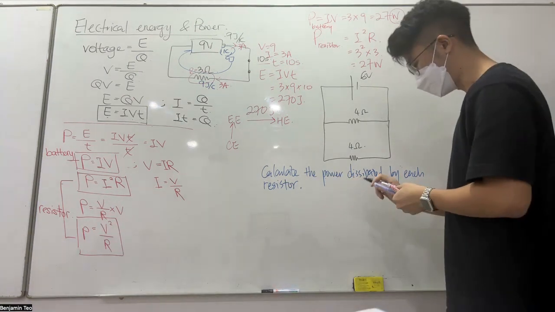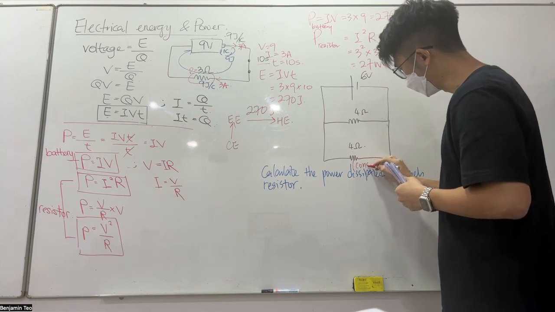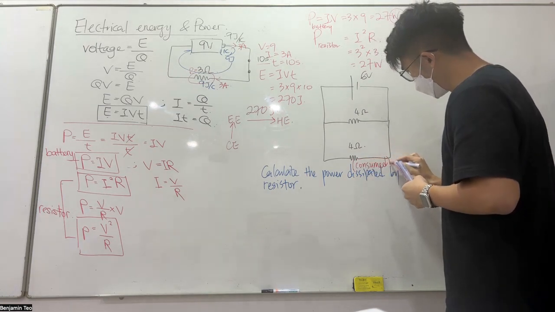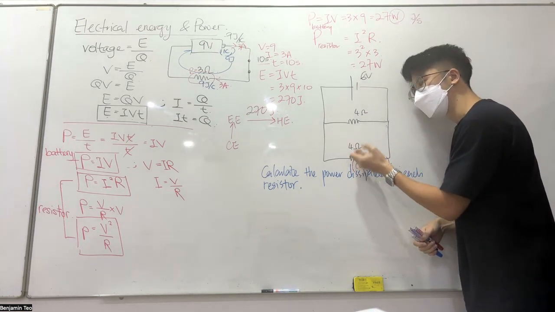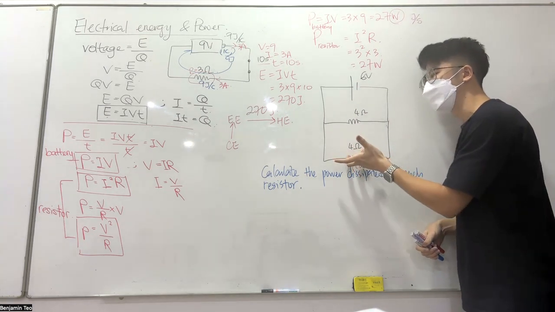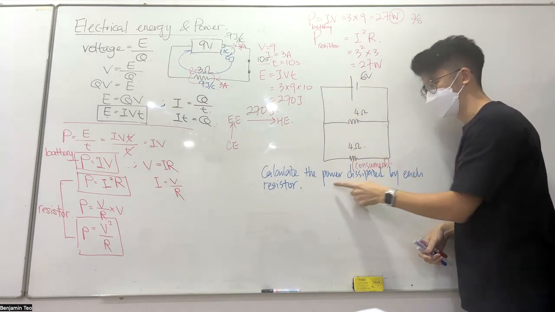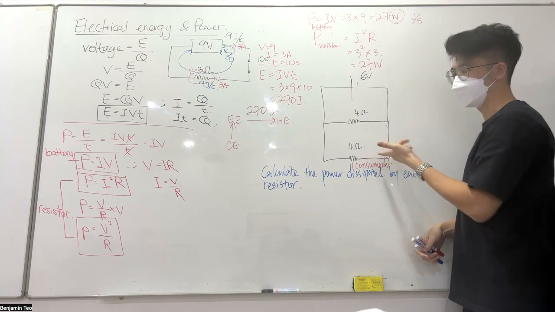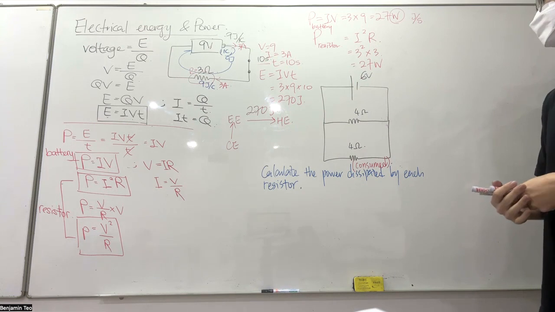What is the power distributed? Power distributed is exactly the same as power consumed, because the resistor takes the energy and changes it to heat. The heat is dissipated out, it's being given out. So they use the word power dissipated. It's the same as power consumed by the resistors.